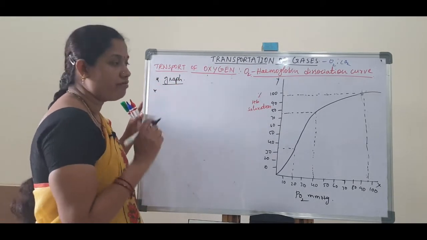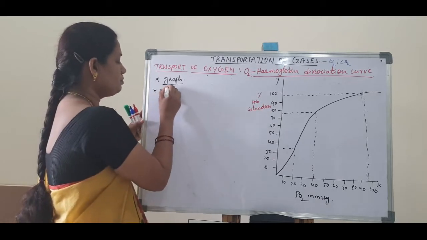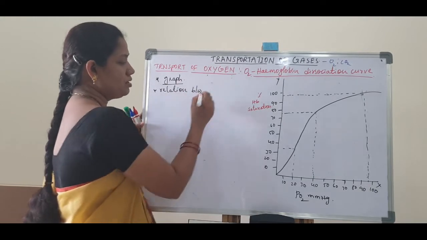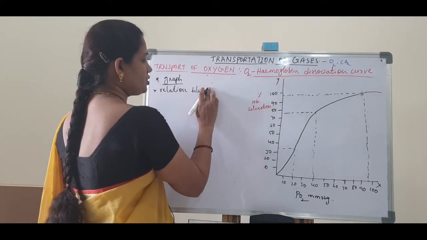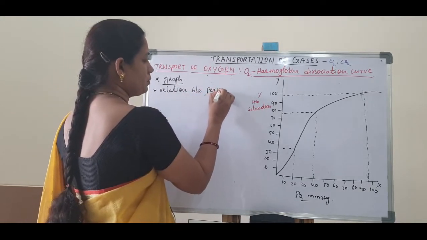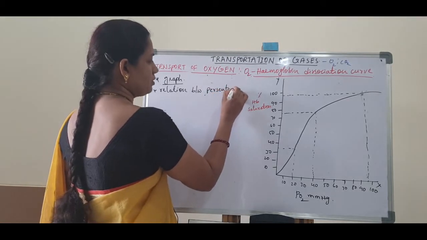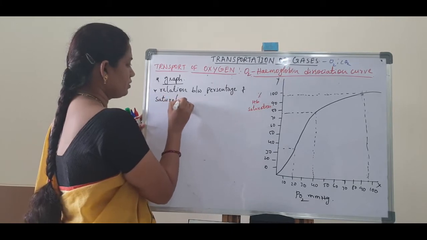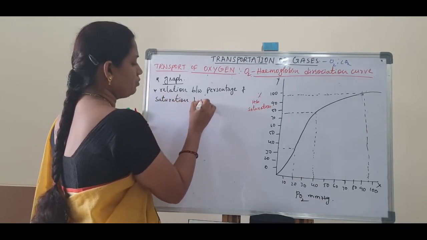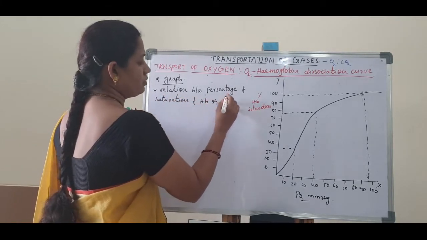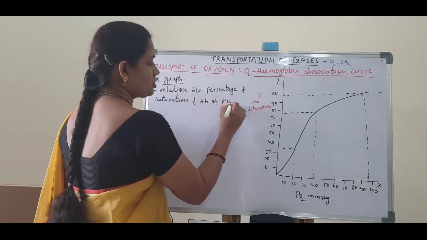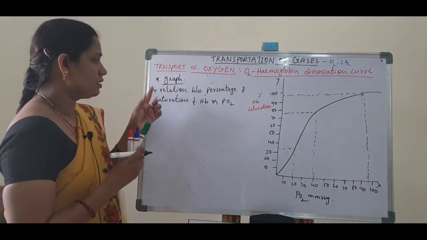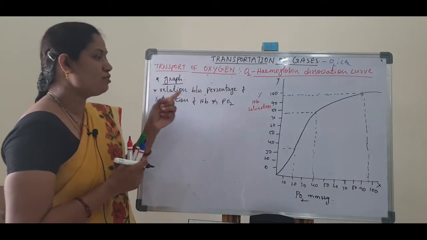This graph explains the relation between percentage of saturation of hemoglobin and partial pressure of oxygen.